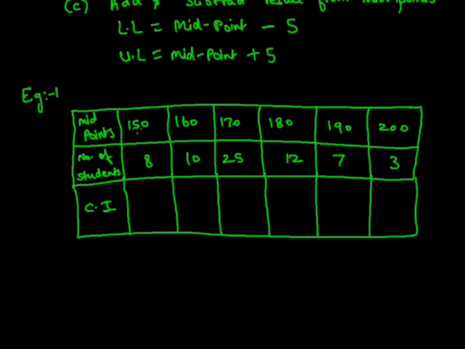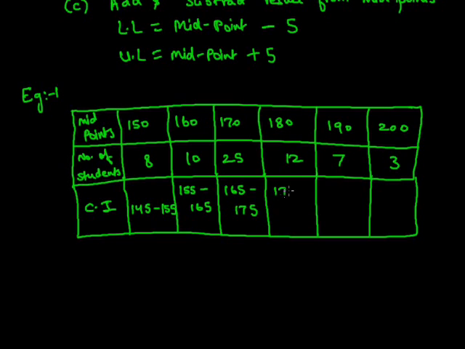So if we subtract 5 from 150, we get 145, and accordingly the upper limit will be 155. Now the same for 160: subtract 5, we get 155, and accordingly our upper limit will be 165. In the same way, the next class interval will be 165 to 175.